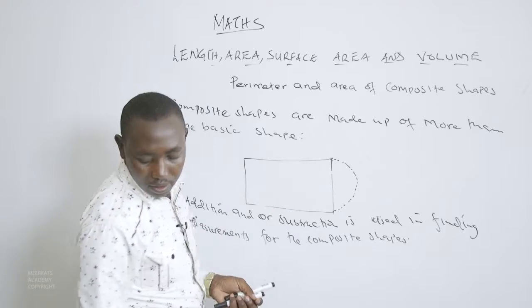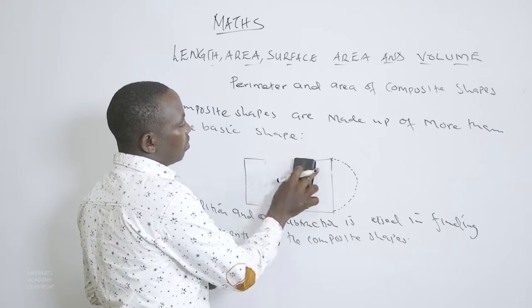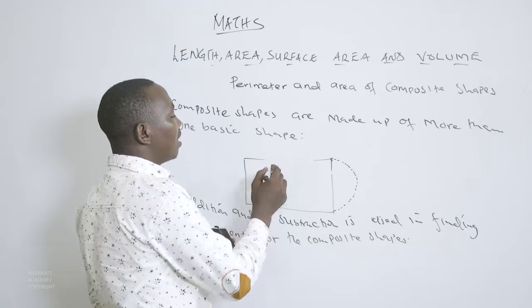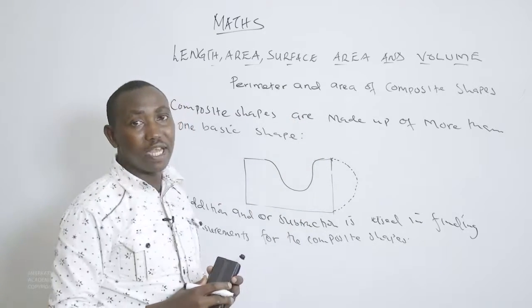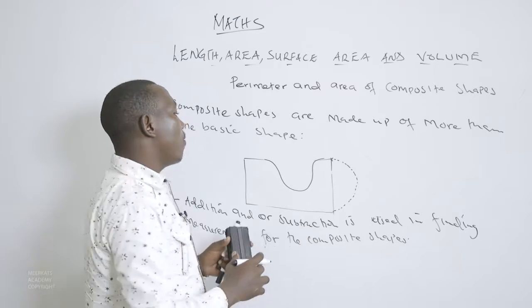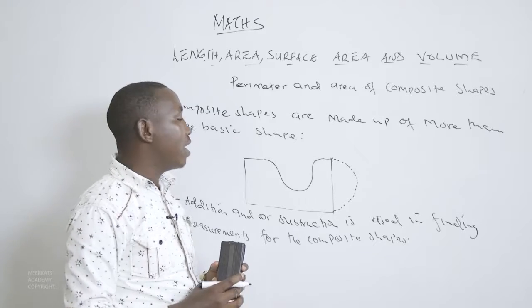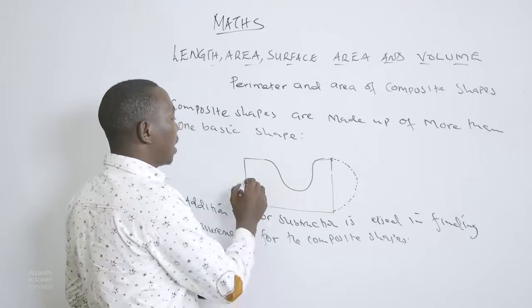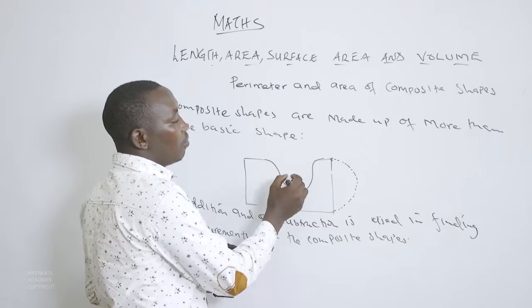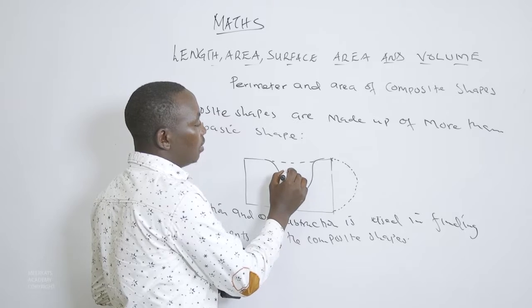But in the case where we have an expression of that form, then we are supposed to calculate the area of this figure. When you calculate the area of this rectangle, which is the side A, you must subtract this half a circle.